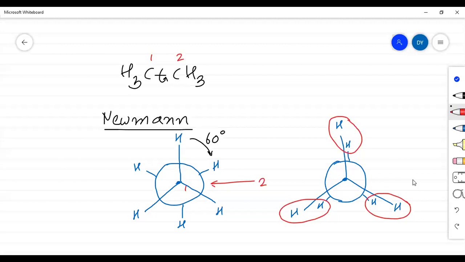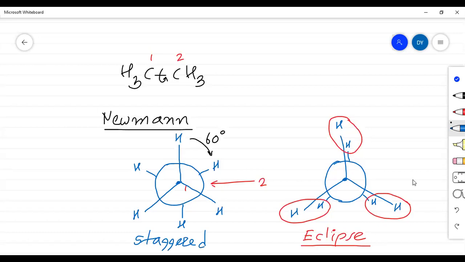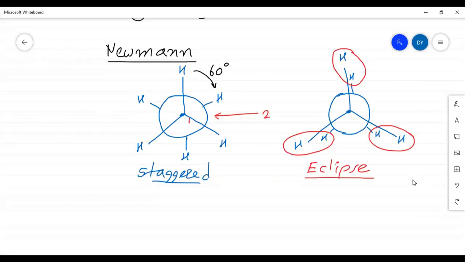This type of hiding is called eclipse. It is called eclipse conformation. And when in the Newman projection formula the hydrogens are away from each other, it is called staggered conformation. So this is the meaning of eclipse and staggered.